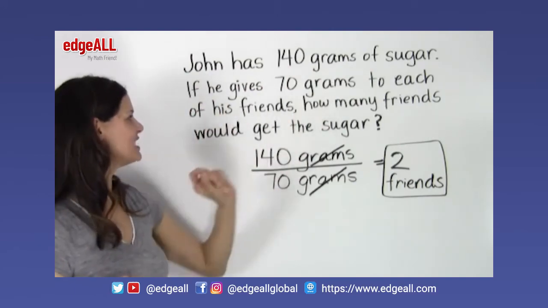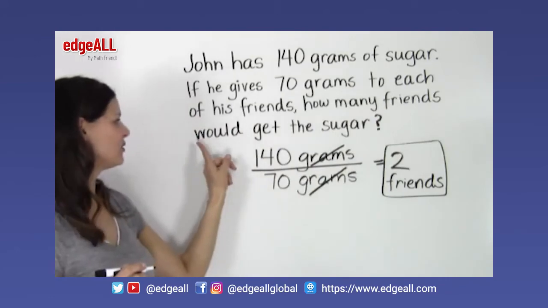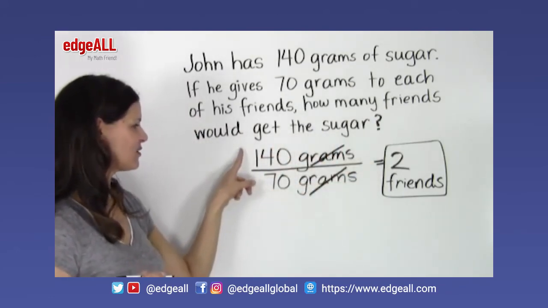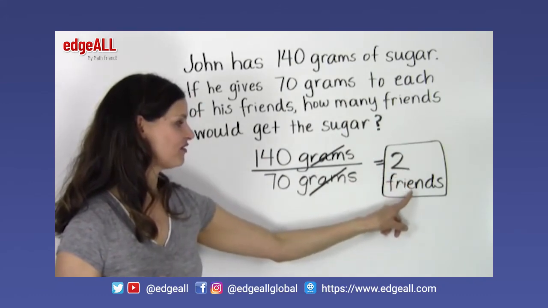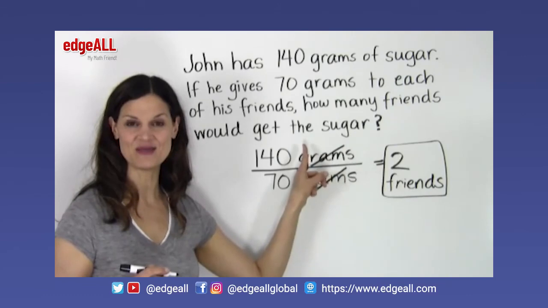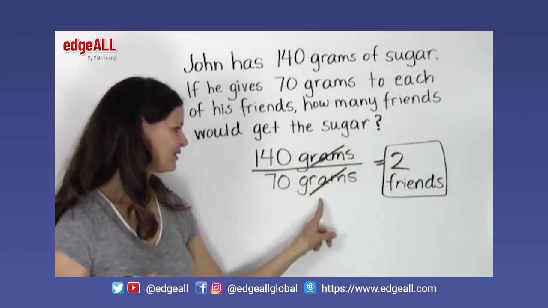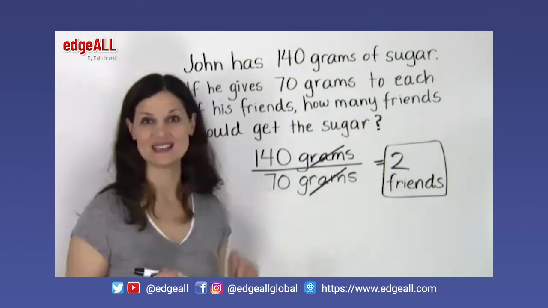If he gives 70 grams to each of his friends, how many friends would get the sugar? So 140 divided by 70 equals 2 friends. And you can see then that when we have a unit of measure divided by another unit of measure, they cancel out, and our answer then is a whole number.